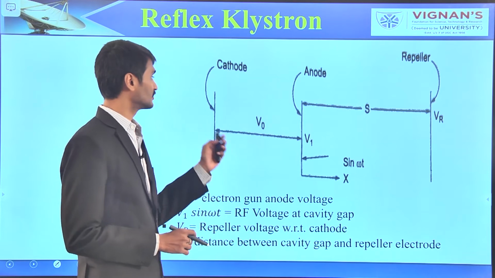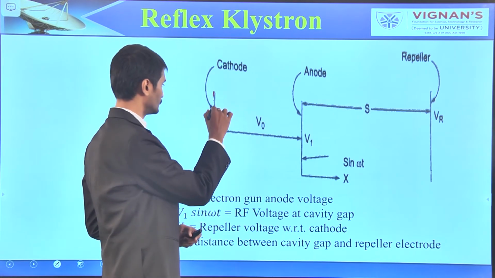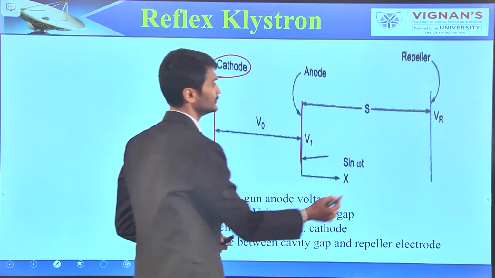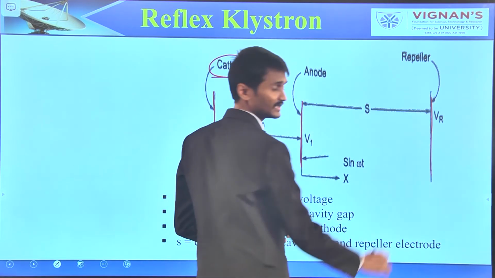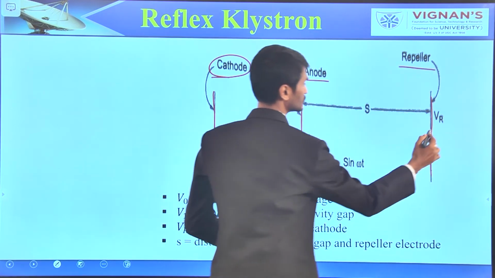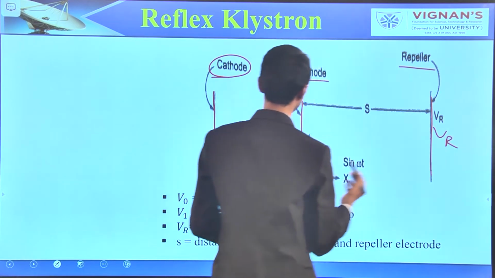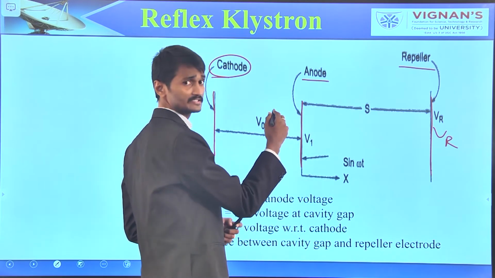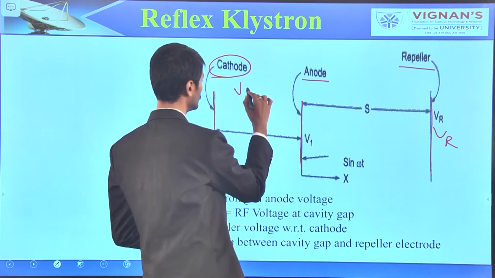Here I have considered the blocks: the cathode, the anode and the repeller electrode. The repeller voltage is VR, and the cathode we can consider as the DC voltage V naught.